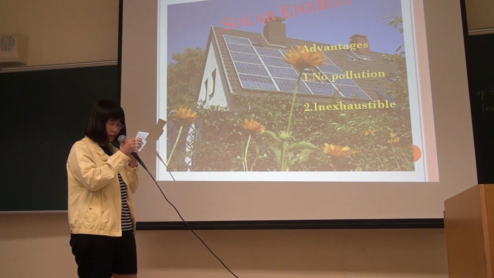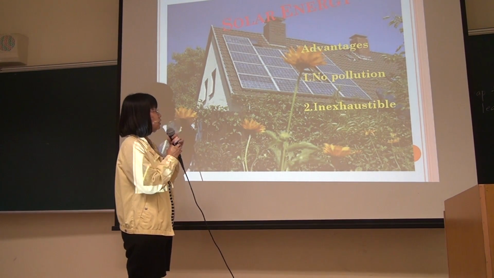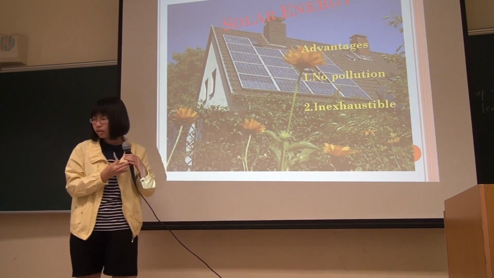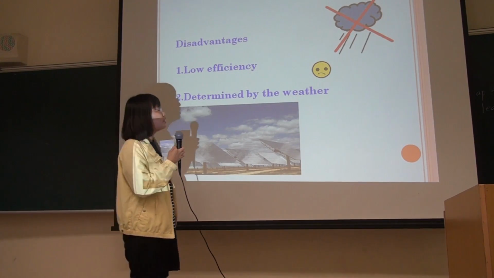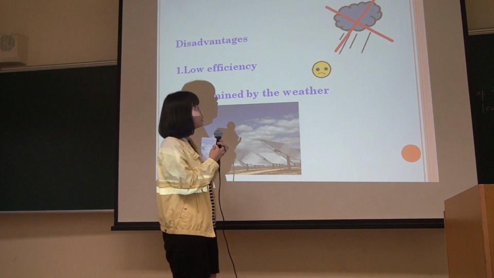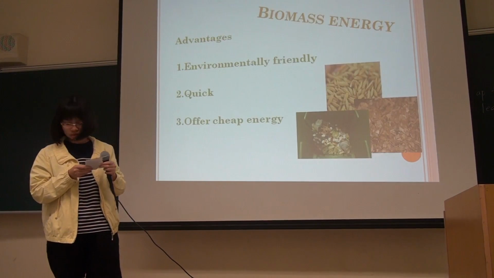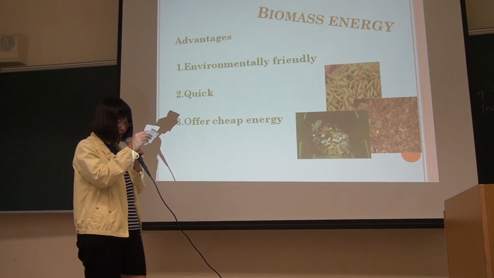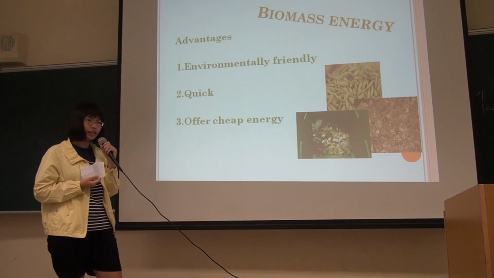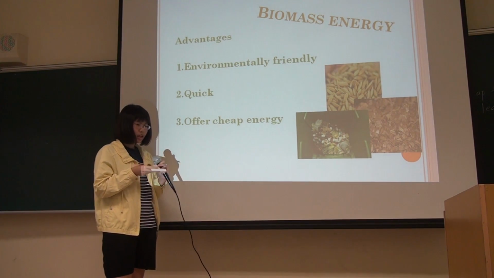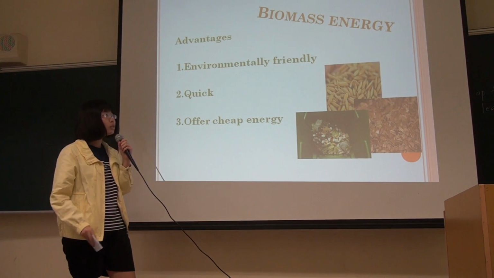You have to install many panels to reach the consumption, and it is affected by the weather. If it rains, you can use the wind generators. These two ways to produce electricity have some advantages in common. They cause no pollution and are renewable.